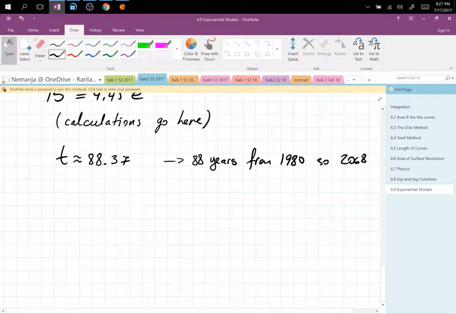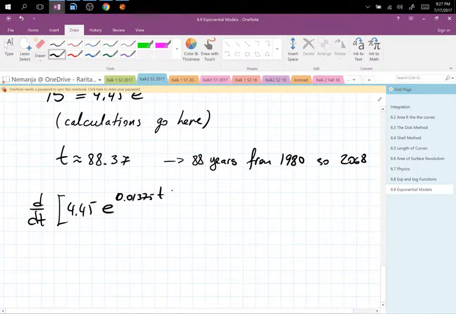So the derivative of our model in terms of time, so d/dt of 4.45 e to the 0.01375 t, when you find this derivative, that is going to give us the equation that can calculate the change in population. So we have 4.45 times 0.01375.